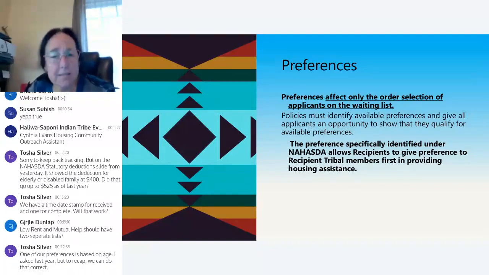Your policies must identify available preferences, so they have to be listed in your A&O policy, and give the applicants an opportunity to show that they qualify for available preferences. The preference specifically identified under NAHASDA allows recipients to give preference to recipient tribal members first in providing housing assistance.